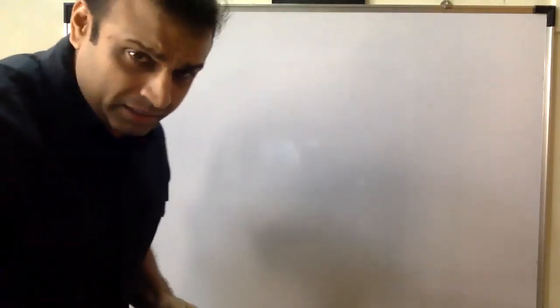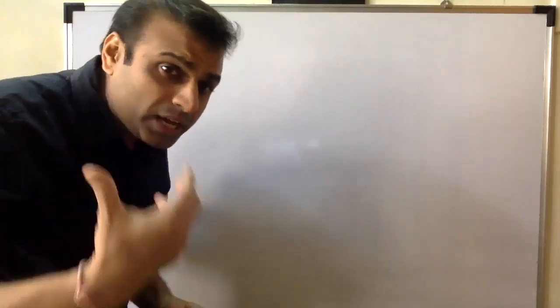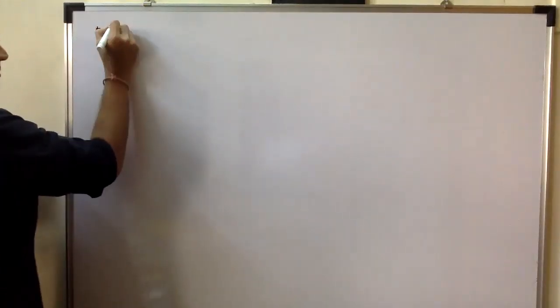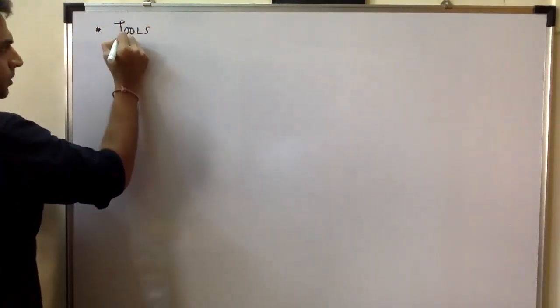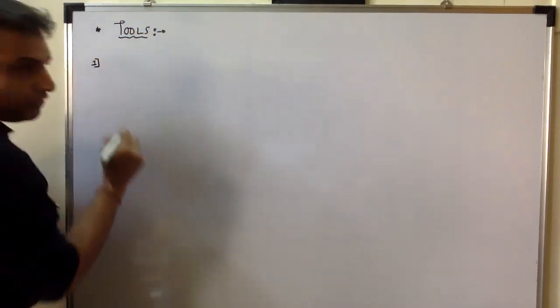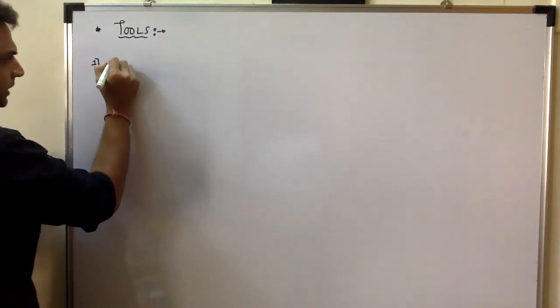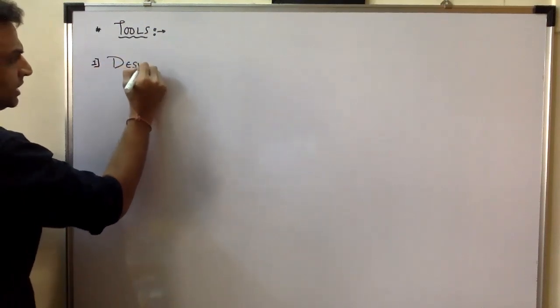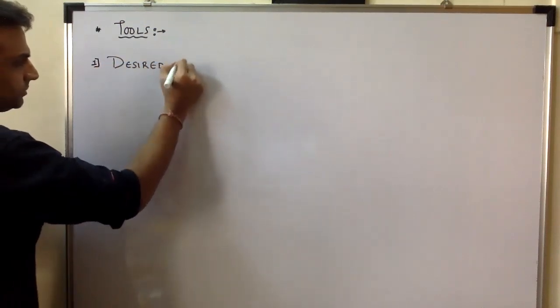In the same manner, okay, when I talk about genetic engineering, definitely we require certain tools. Okay, now my first tool for genetic engineering is nothing but we call it the desired gene.